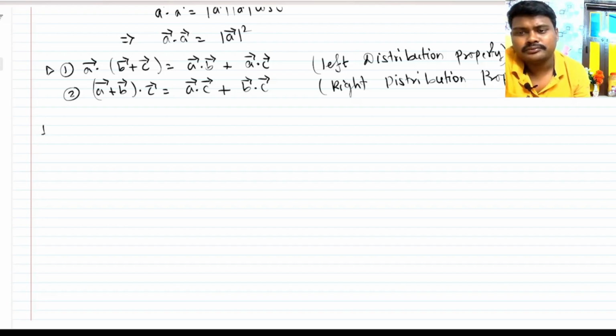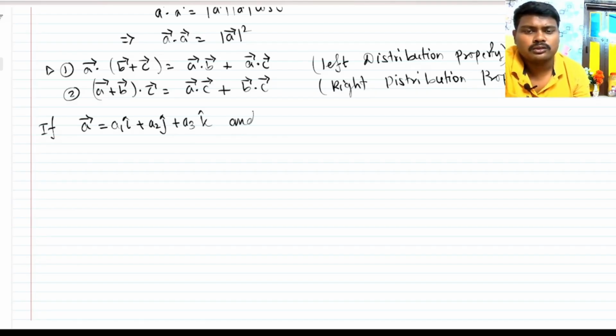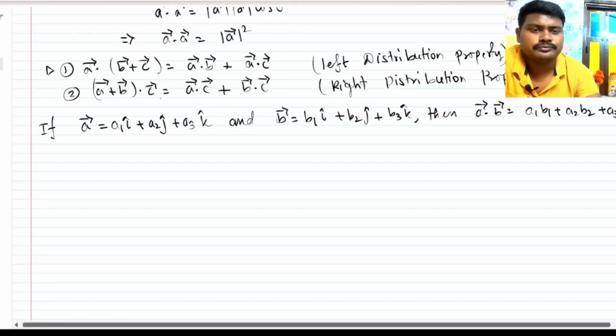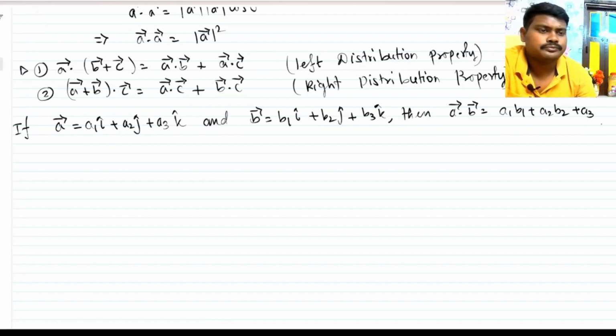That is, if A vector is equal to a1 I cap plus a2 j cap plus a3 k cap, and B vector is equal to b1 I cap plus b2 j cap plus b3 k cap, then A dot B is equal to a1 b1 plus a2 b2 plus a3 b3.